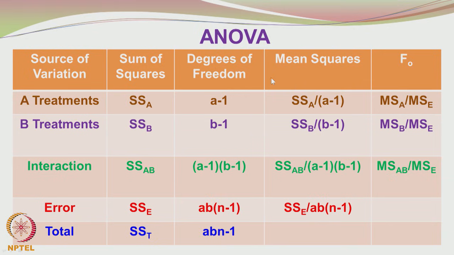That is what is represented here. Similarly, the degrees of freedom for the interaction between A and B is A minus 1 times B minus 1, and so you have the mean squares as sum of squares of AB by A minus 1 into B minus 1.